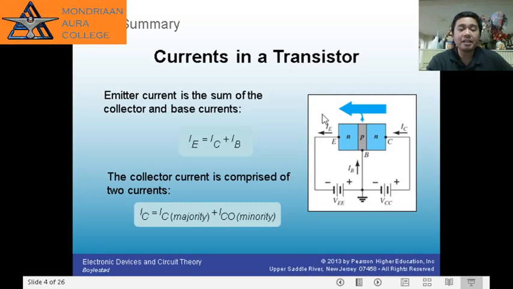Ang pinakamaliit na kuryente sa tatlong ito ay ang I sub B. This is just probably in the range of micro or nanoamperes. Ang I sub C natin ay nasa range ng probably milliamperes. So we can delete this one kasi sa sobrang liit niya, we can approximate na lang na I sub E is approximately equal to I sub C.